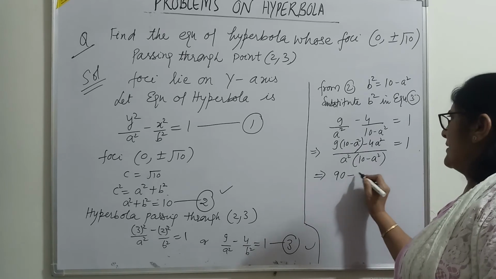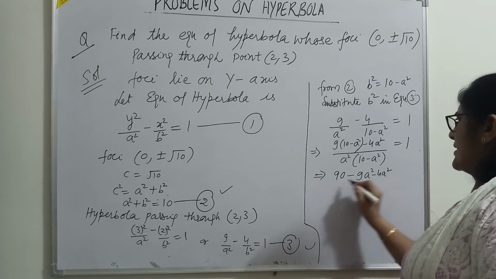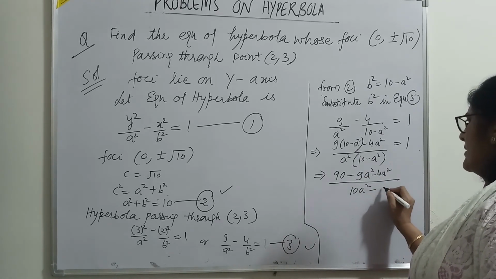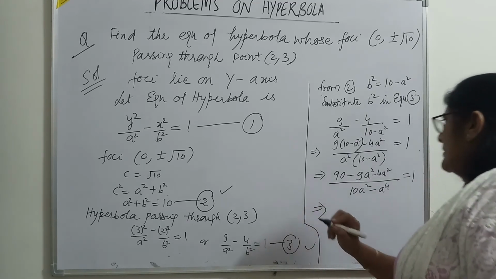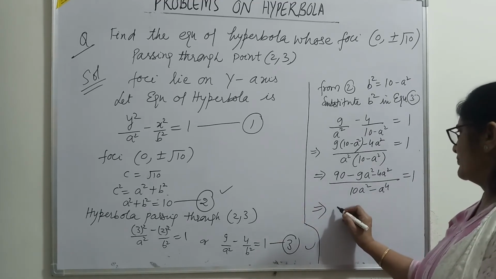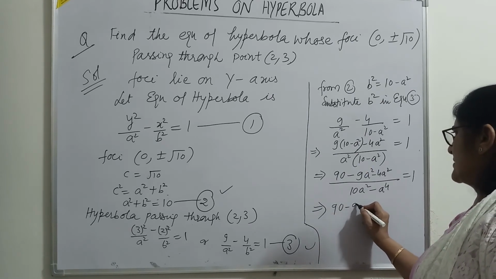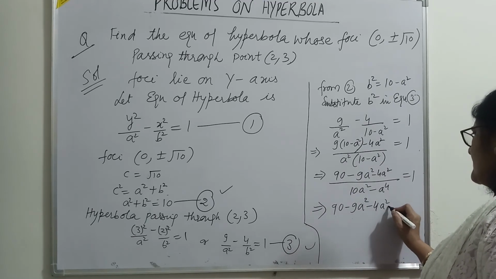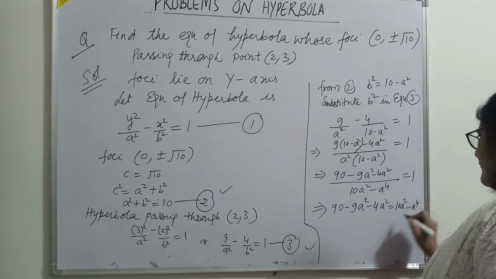90 − 9a² − 4a² = 10a² − a⁴, by cross multiplication. So 90 − 9a² − 4a² = 10a² − a⁴.